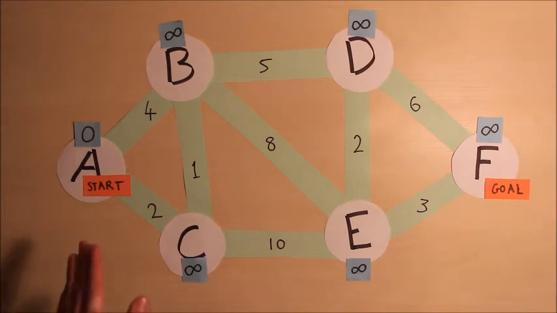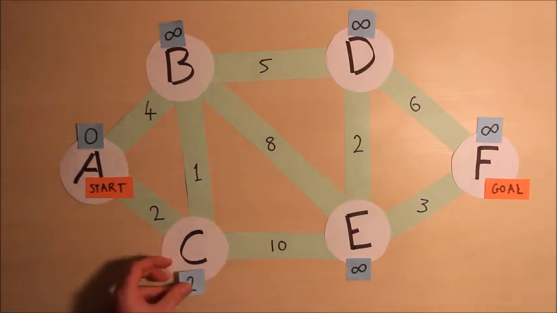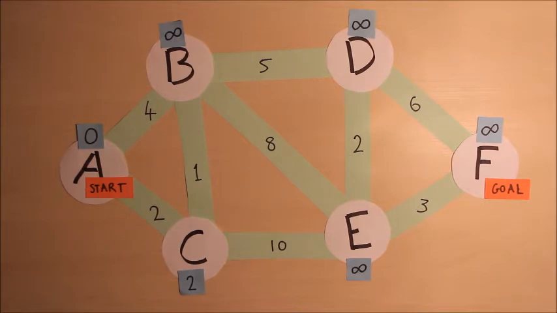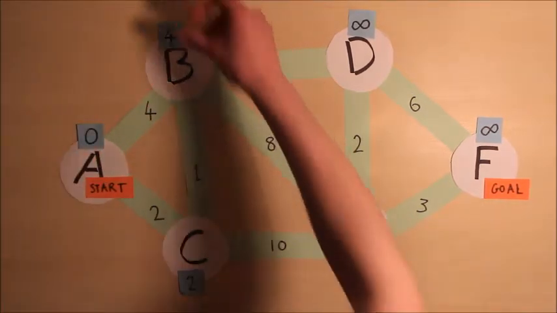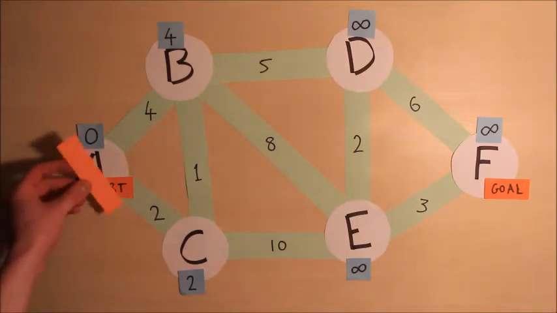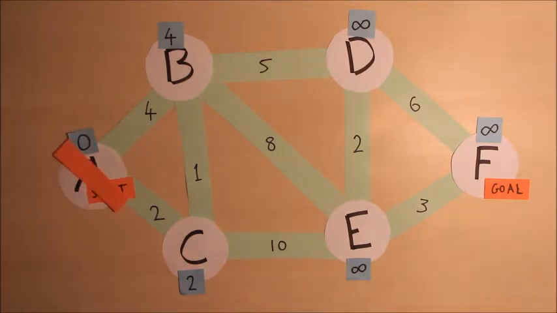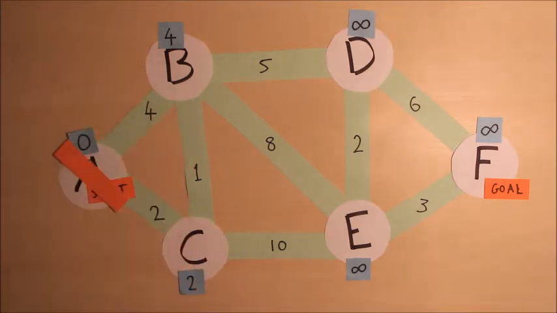So we're at A. Let's then go to C. C's tentative value can be replaced as 2, because we can see that from A to C the cost is 2. B then gets replaced as 4. And we can now take the node A out of the queue, because we've found all possible exits out of A and the tentative costs.